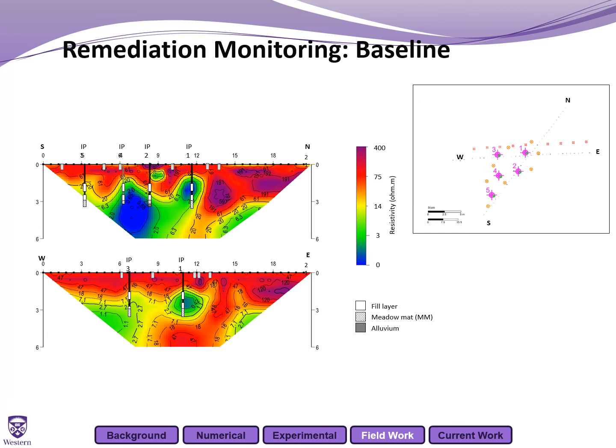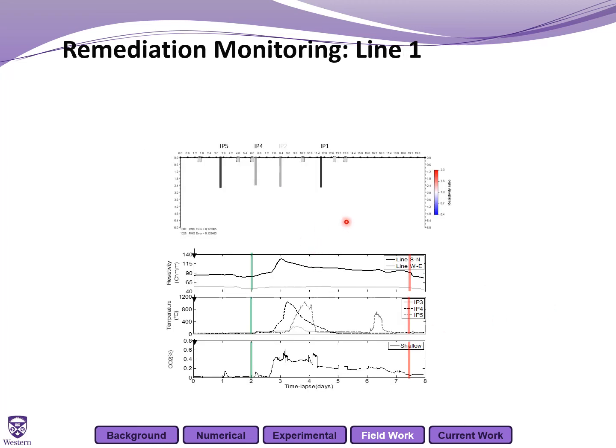Okay, so these are the ERT images at each line prior to remediation. You can see here. And this is remediation monitoring. So these are going to be time-lapse images taken during the remediation. First of all, let's look at the bottom here. These are the temperatures that were measured by the thermocouples on the site.